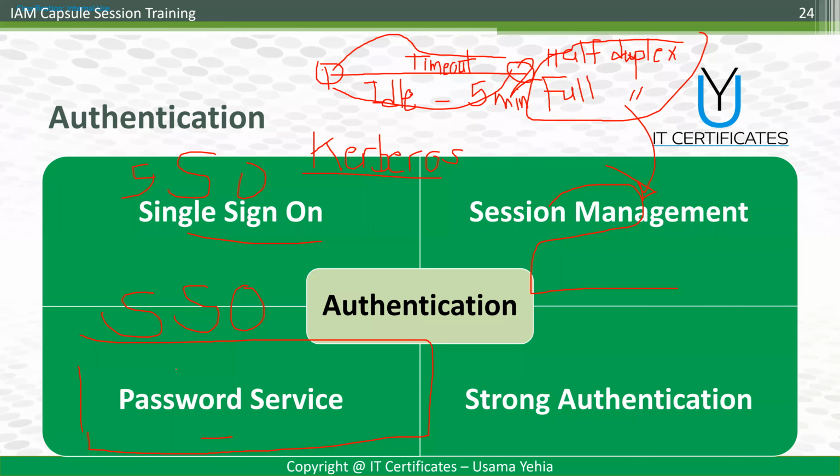Also, in the password service, you have to enable self-recovery of the password. You may forget your password and want to recover it. For example, in Yahoo or Google or Hotmail or Amazon or any other site, if you forgot your password, you just say, I forgot my password, then it will give you some questions to answer.